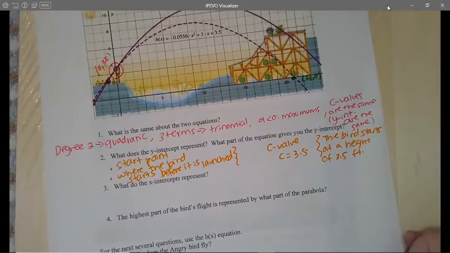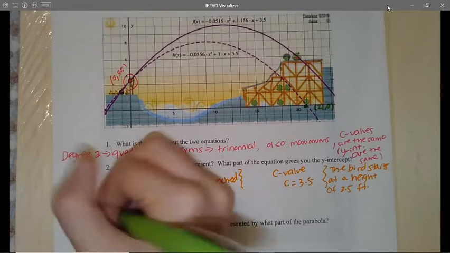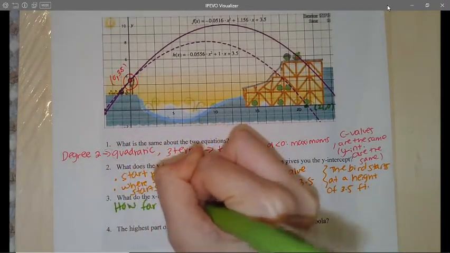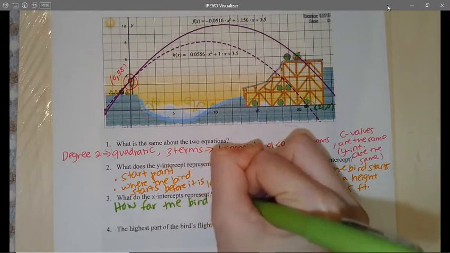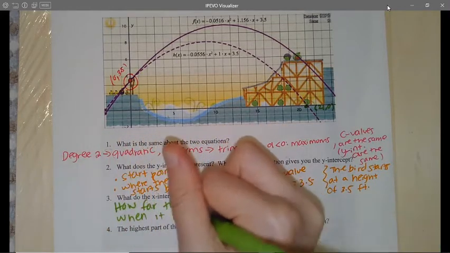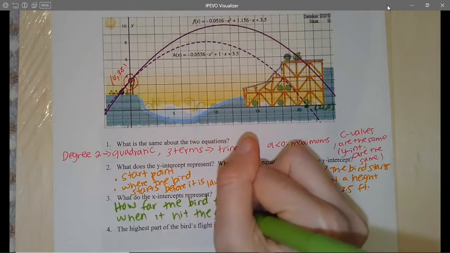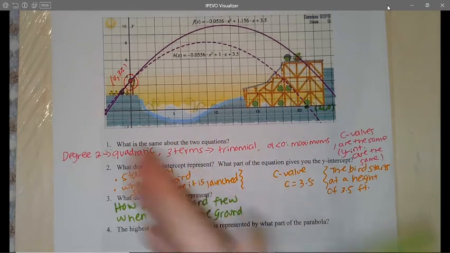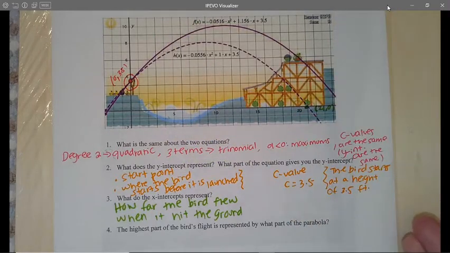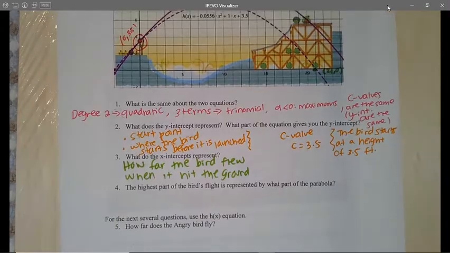Again, the x-intercept represents how far the bird flew when it hit the ground, or maybe when it landed. You know, birds are kind of graceful, so it probably gracefully landed, not just slammed and hit the ground. But I'm just going to say it's when it hit the ground.